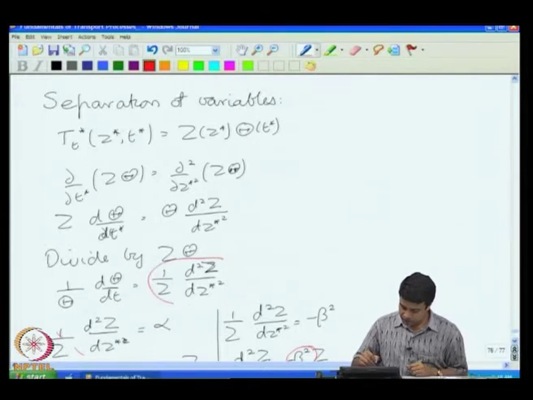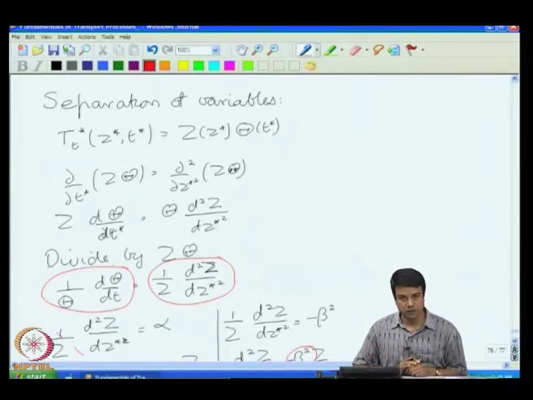So, this was equal to minus beta square. So, this is also equal to minus beta square.